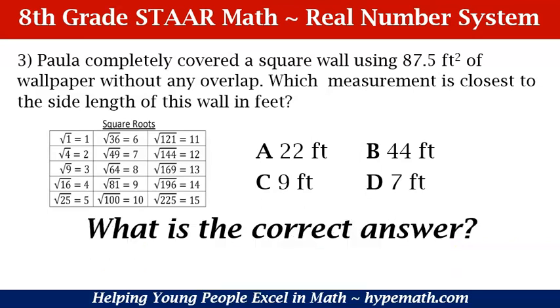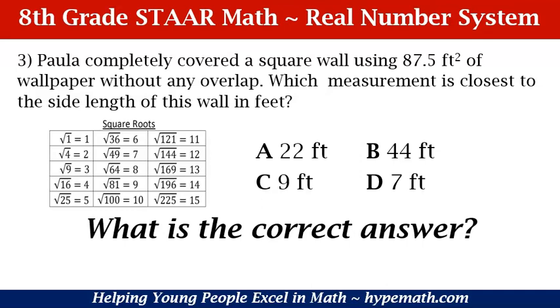What is our correct answer? Okay, in looking for the two square roots that 87.5 falls in between, I would say the square root of 81 and the square root of 100. The square root of 87.5 falls in between these two square roots.